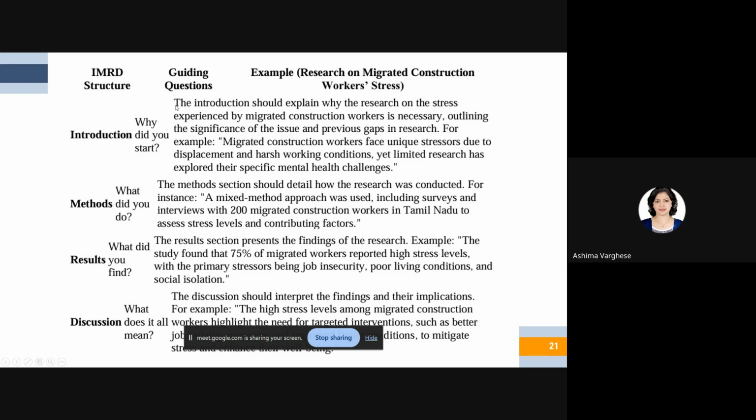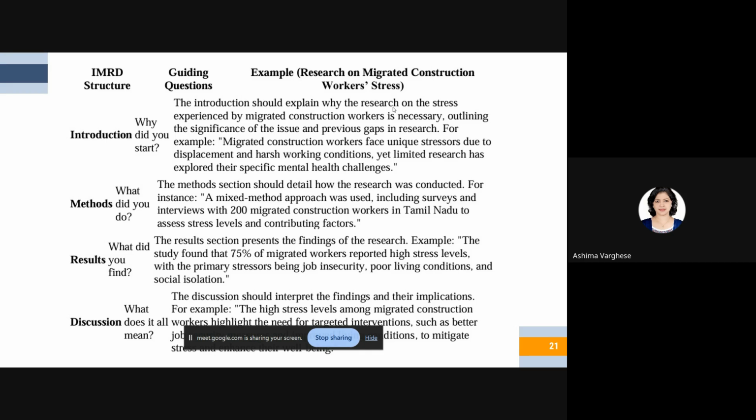Now in the introduction, just like the example, it should explain why research on the stress experienced by migrated construction workers is necessary, outlining the significance of the issue and the previous research gaps. For example, migrated construction workers face unique stressors.